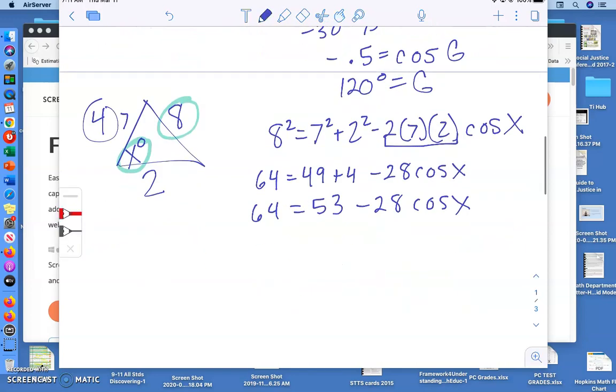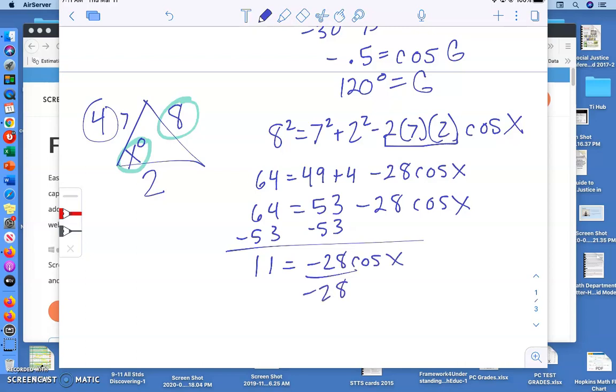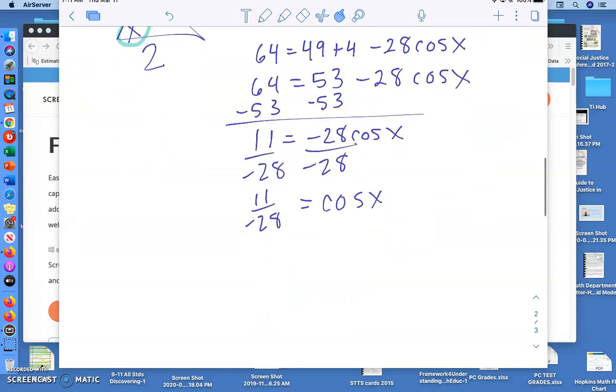All right, so now we're solving. So subtract 53. Then we're going to divide by negative 28. So we have the cosine of x equals 11 over negative 28. And now we have to do the inverse cosine of 11 over negative 28.